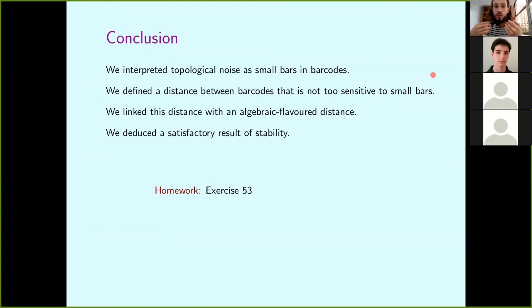It allows for topological noise. We showed that it is equal to the interleaving distance, and this interleaving distance is very useful to do algebra. And by mixing all of that, we deduce the stability result, which is the most important result in persistent homology theory. All right. So you can have a look at exercise 53.